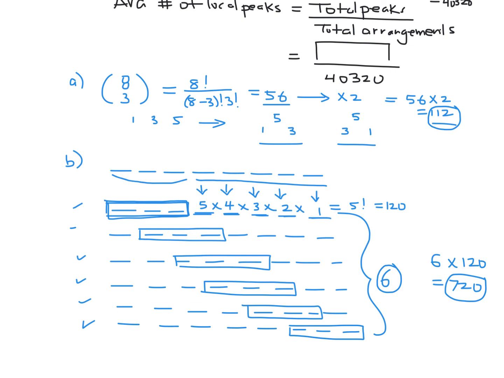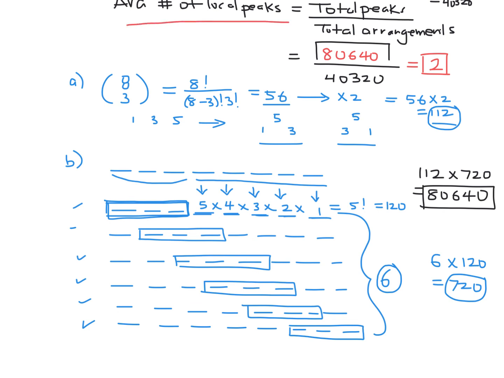So grand total will be that 112 times that 720, and that is 80640. So this is actually what represents the total peaks, and that is the number that you would put over here, 80640. And then when you make this calculation, it's just 2. And that's the answer to this question, the average number of local peaks.